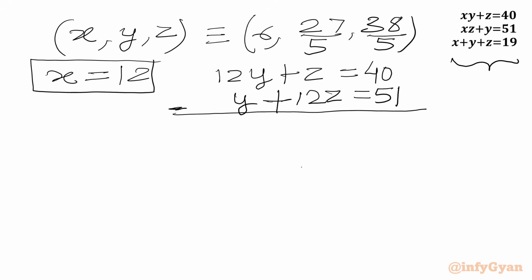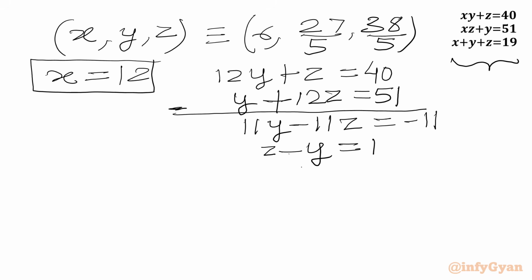So sign change will be there. 12y minus y, 11y, z minus 12z, minus 11z, 40 minus 51, minus 11. Let's divide both sides by negative 11. We will get z minus y equal to 1.